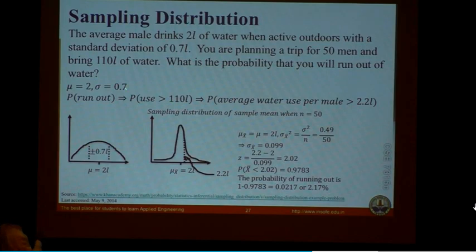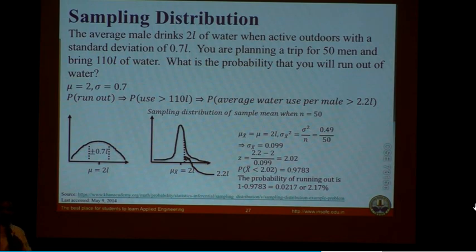So now the x-axis is liters per person. An average male drinks 2 liters of water per day. Here 110 liters have been given, but that is for 50. So when will I run out?